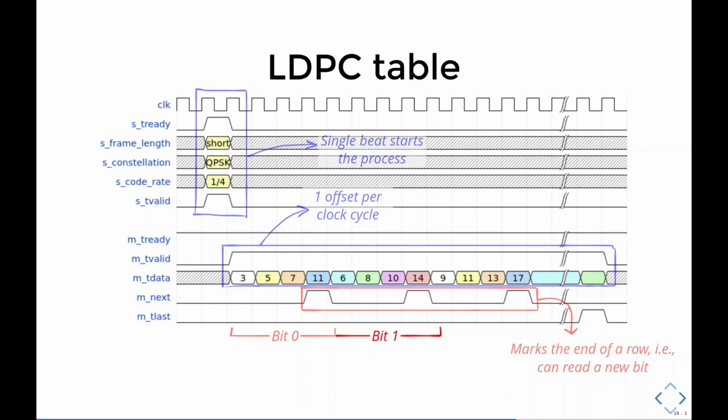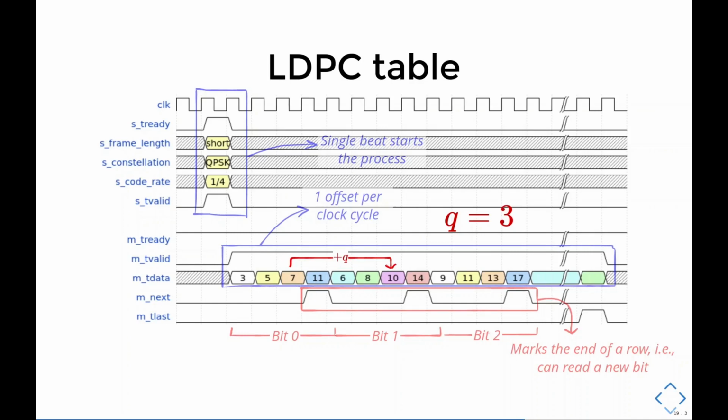Then the following period corresponds to bit 1, then bit 2, and so on. This example shows the outputs for the LDPC in a minute slide. So Q equals 3. And then you can see that when we change from bits 0 to 1, the offset is incremented by Q, and that's going to be true for the second, for the third offsets, and so on.